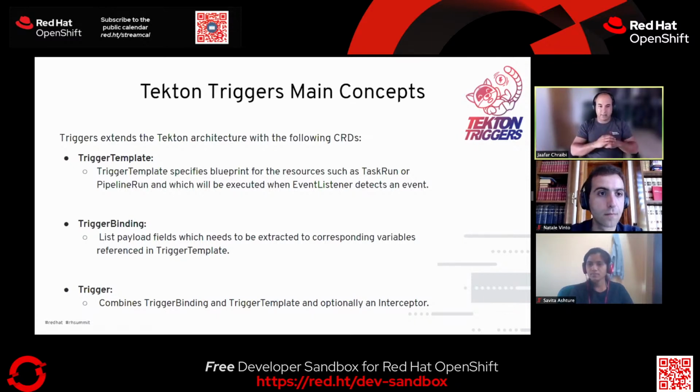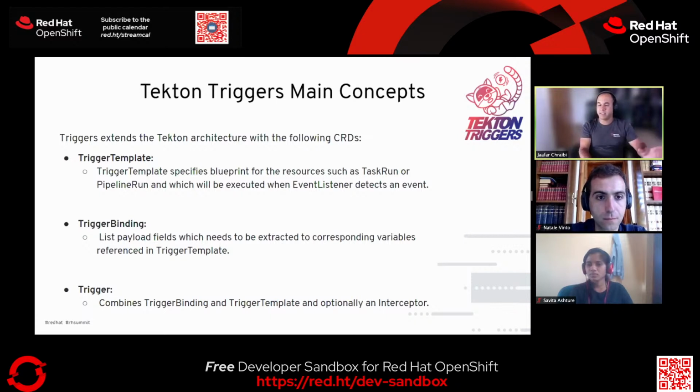And the PipelineRun needs some information, like where is this Git repository? What branch is it? What is my working context? Etc. So it needs some dynamic information because we don't want to have static information in the pipeline definition. So we have what we call placeholders or variables that we define in the pipeline.